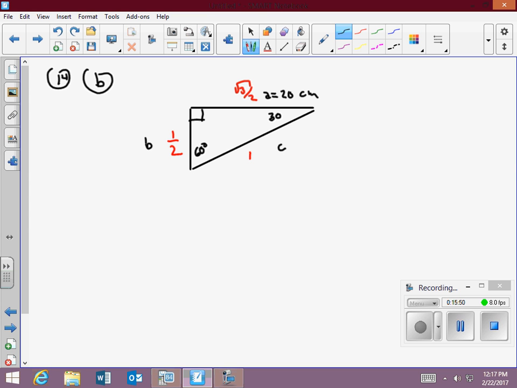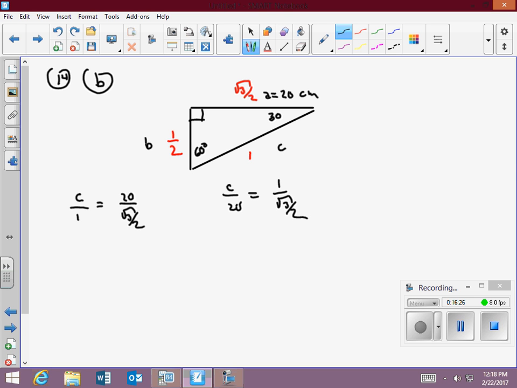So what you can do is just set up the ratio and proportion. What you don't know is C. And whichever way you want to do it, you can go C is to 1 as 20 is to the square root of 3 over 2. Or you could set your ratio up as C is to 20 as 1 is to the square root of 3 over 2.